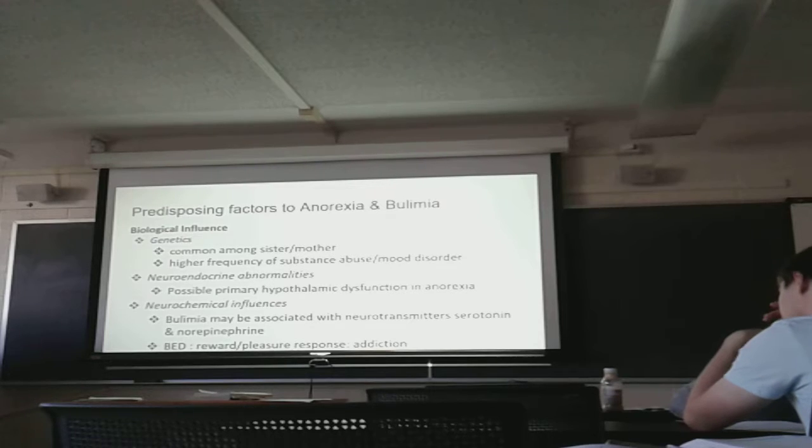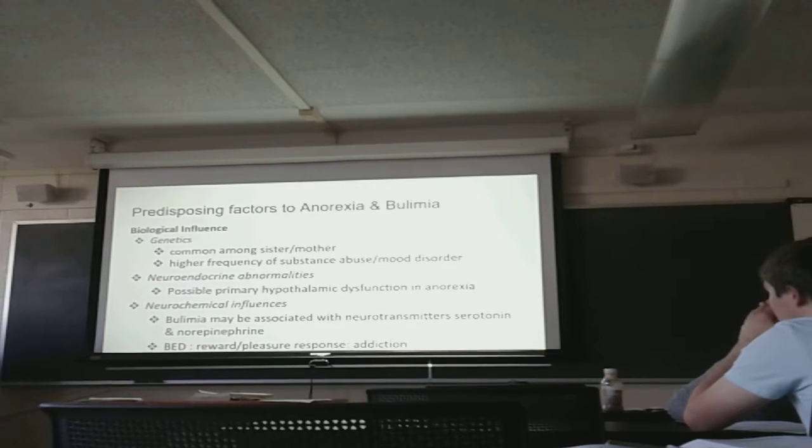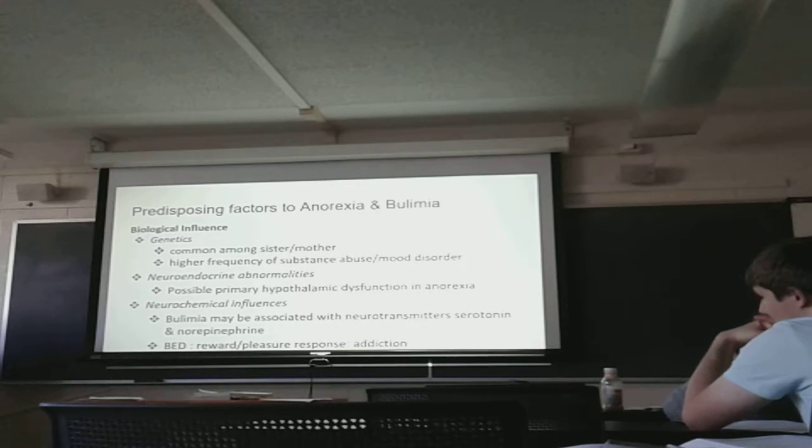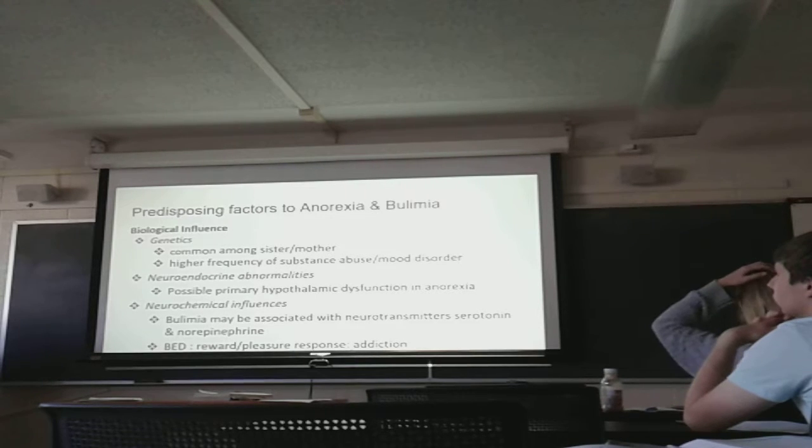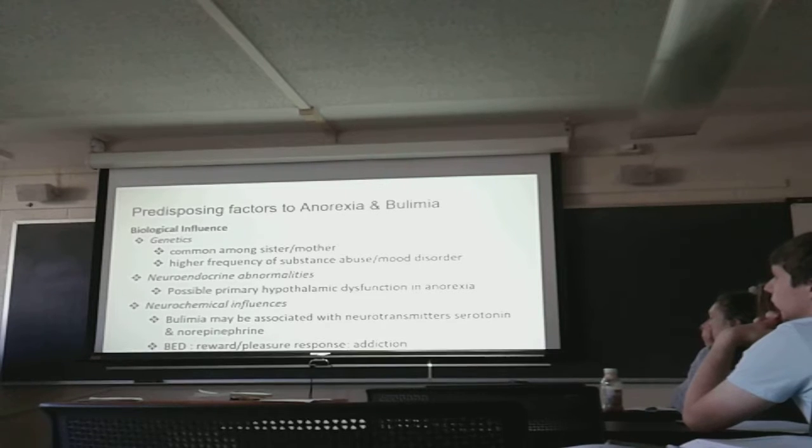So when we look at the predisposing factors with anorexia and bulimia, years ago they said it was related to abuse in the family. However, they have moved from that theory. They look at genetics. If a sister or mother has it, then they might be more likely to have anorexia or bulimia. Usually it could be with a substance abuse or substance use or mood disorder.